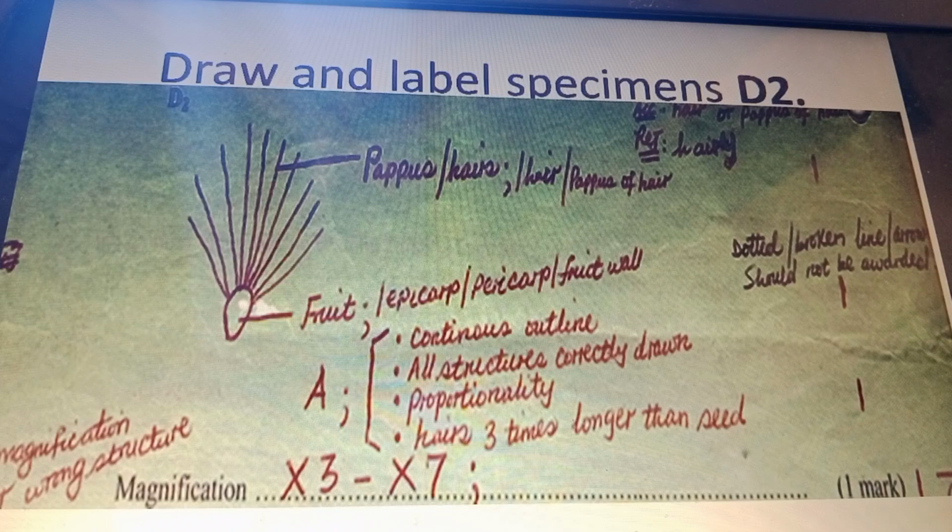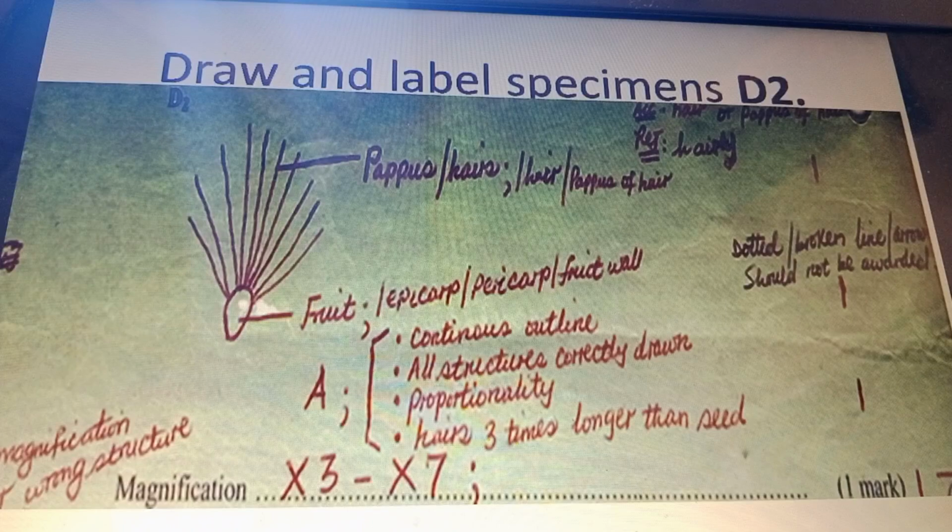Fruit, epicarp, pericarp, fruit wall. And for the accuracy mark again: continuous outline, all structures correctly drawn, proportionality, hairs 3 times longer than fruit or seeds.